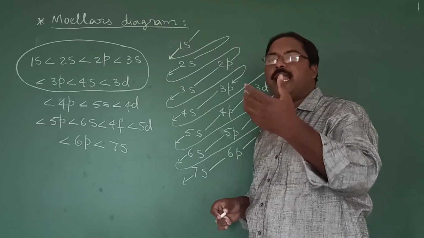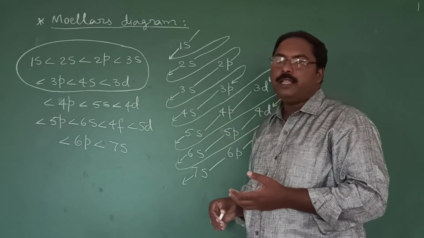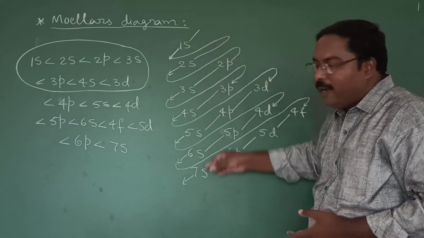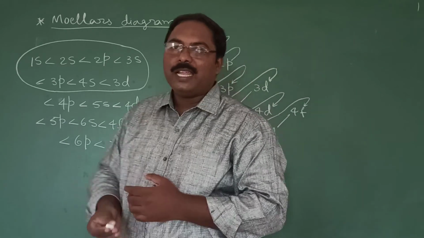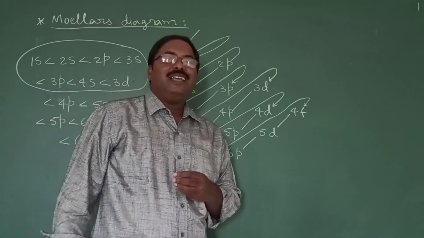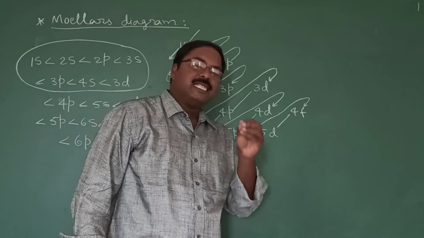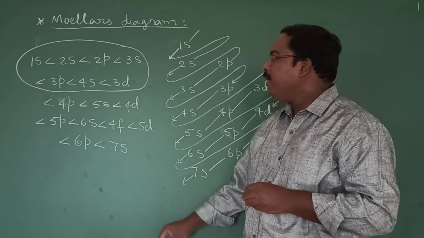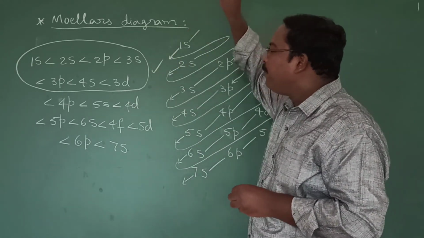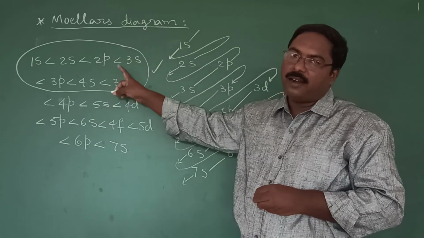If I ask you to write the electronic configuration of the 15th element, if you write Euler's diagram and then start to fill the electrons, it will take half an hour. So that is why, to write the electronic configuration of 30 elements at minimum, you need to remember this order.